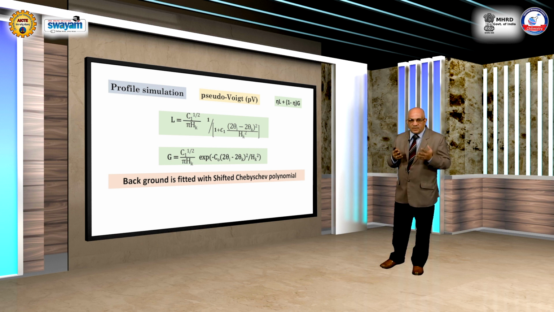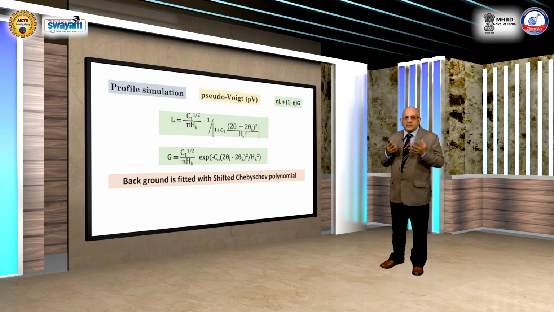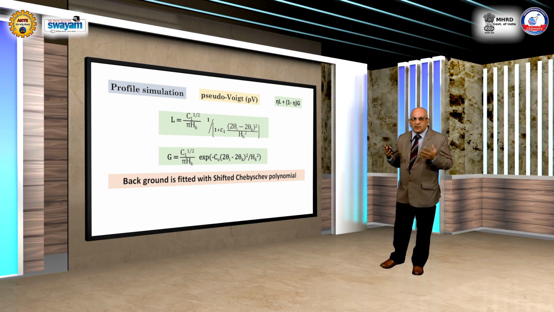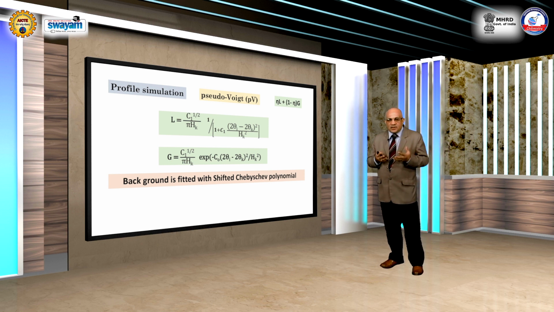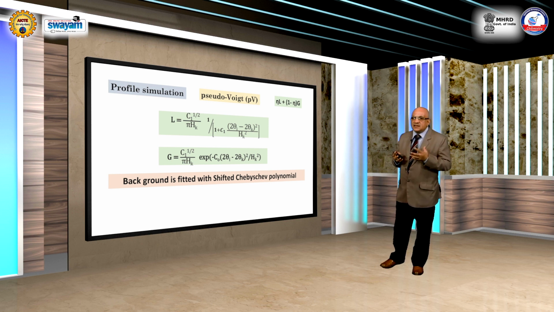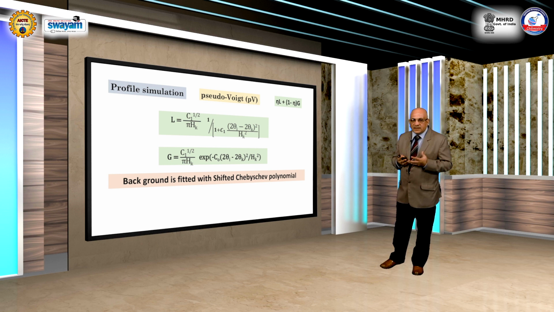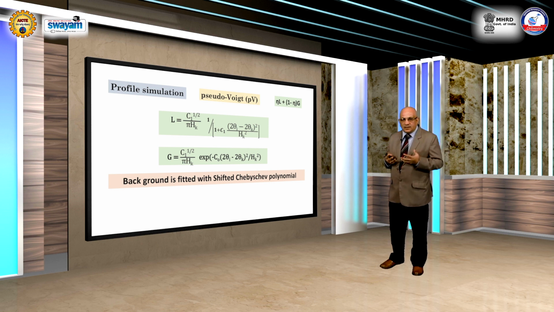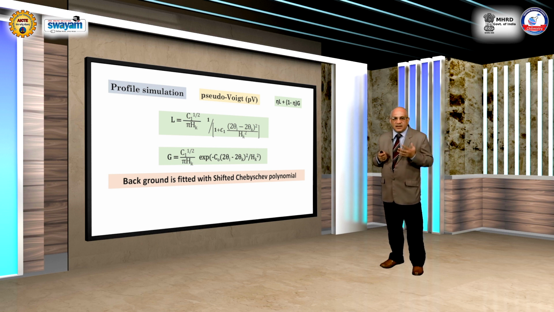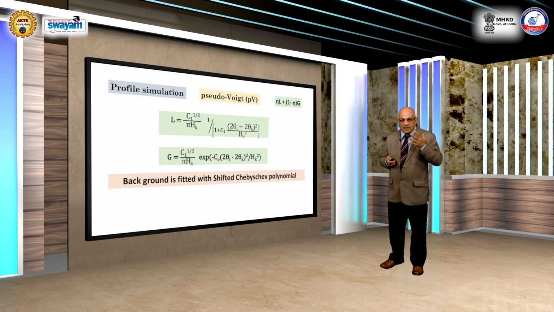For example, the polynomial can be a shifted Chebyshev polynomial, or a pseudo-Voigt polynomial. These polynomials are combinations of mathematical functions which mimic the X-ray diffraction pattern that you have measured using the powder X-ray diffraction machine. But this kind of analysis is very detailed and needs a lot of experience and understanding of the Rietveld refinement process.